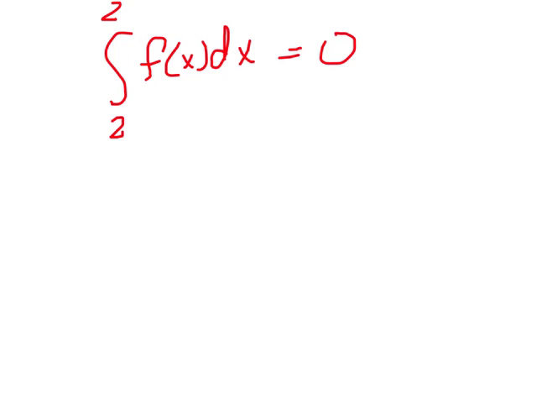If I were going to go from 2 to 2 of whatever function, I'm just going to put in general f of x dx, that's going to be 0, because if I'm starting at 2 and I'm ending at 2, I have no rectangles, right? So you're going to see that some of these problems are going to require you to think about that a little bit. So you can have an area of 0 if you integrate from one number to the same number. You don't really have any area there.